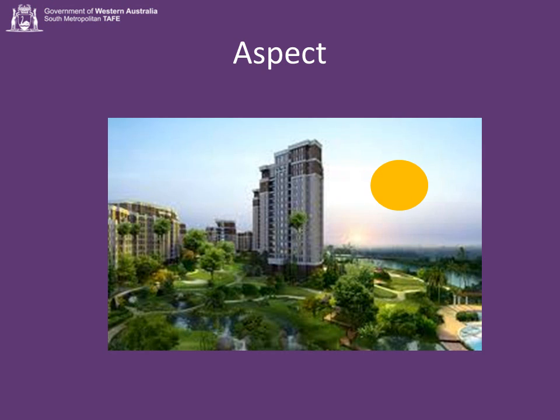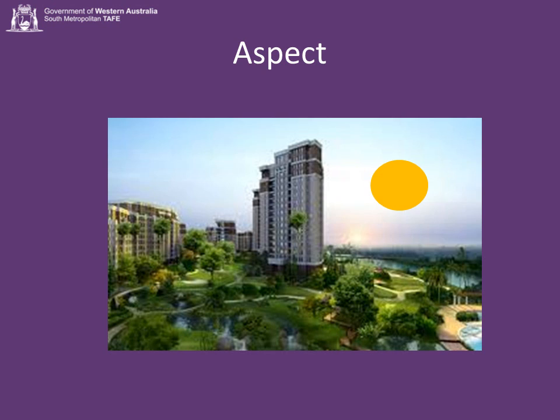Another thing to look at is aspect. Aspect is which way the building is facing. Now, here we have a building and one side of it is facing, well, let's say it's facing east and the sun is rising. So the east side of this building is going to get very hot because the sun rises.